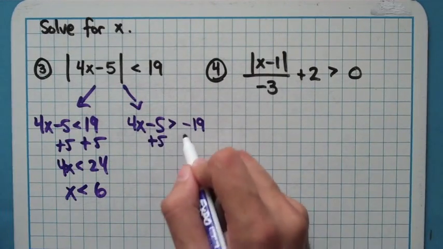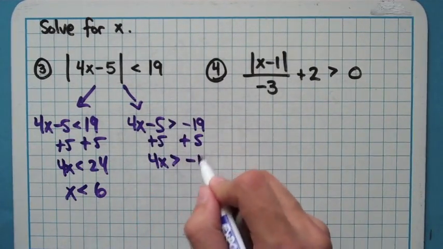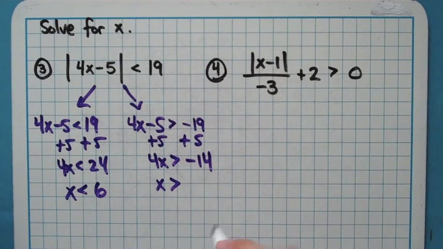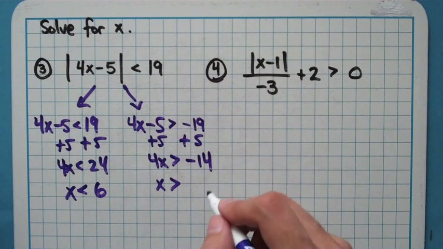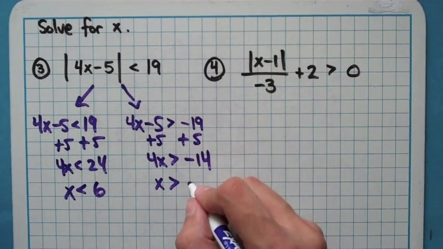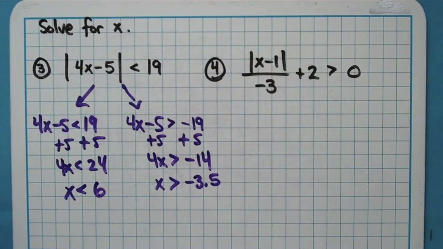On the second one here, let's see, that'd be a -14. We divide both sides by 4, we get x greater than -3.5. I believe. Yeah, that's right. Now on the last problems with the greater than, we just put an or there, called it a day, we were done.